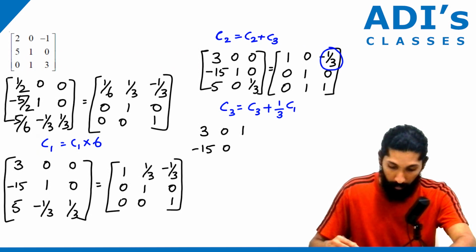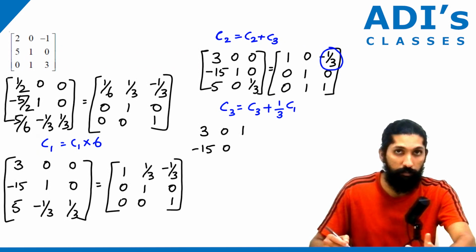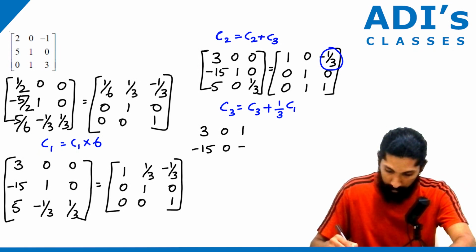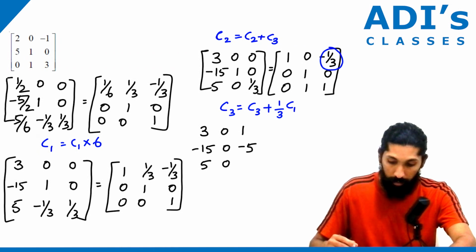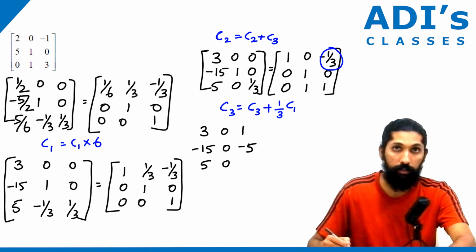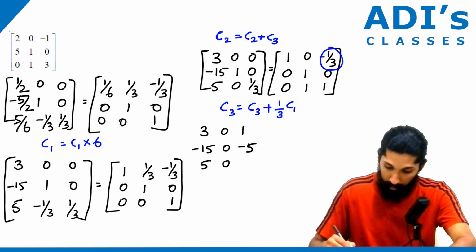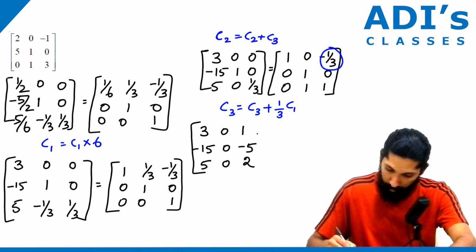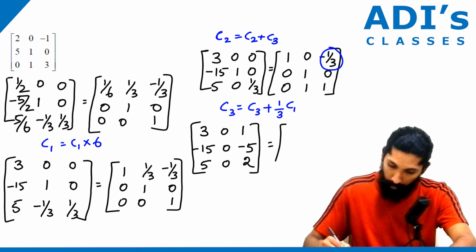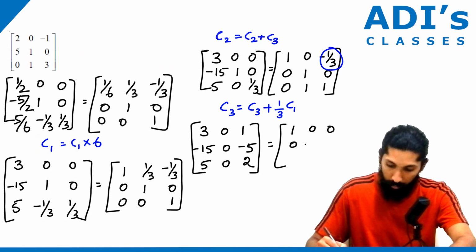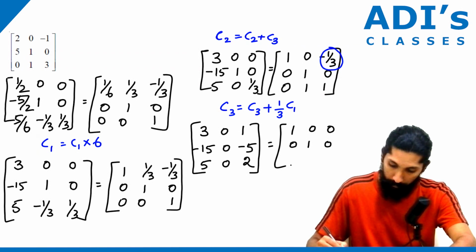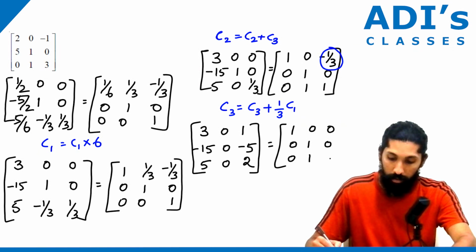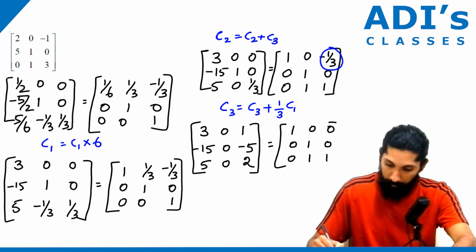Now 0 minus 5 is minus 5. 5, then 0. Then 1 by 3 plus 5 by 3 is 6 by 3, which is 2. Is equal to 1, 0, 0. Then 0, 1. 0 plus 0 is anyway 0. 0. Then 0, 1. So 1 plus 0 is again 1.